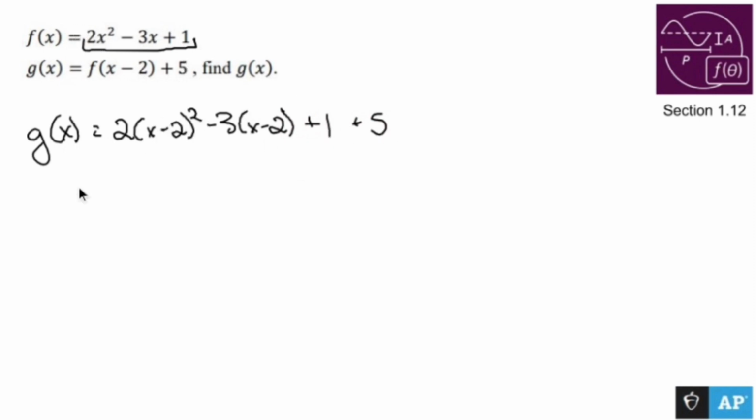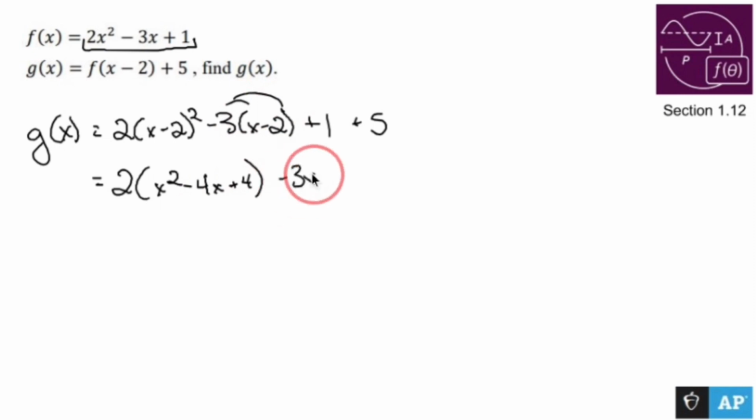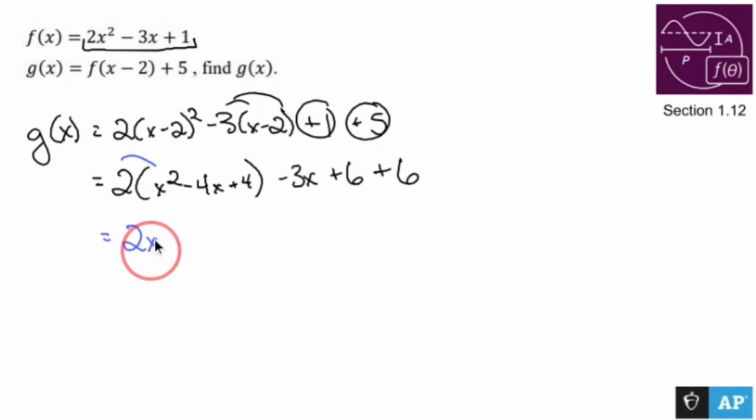This is a perfect square trinomial, so you become x squared minus 4x plus 4. This can be distributed, so negative 3x plus 6. You guys can combine to make 6. This can be distributed, so that can be 2x squared minus 8x plus 8.